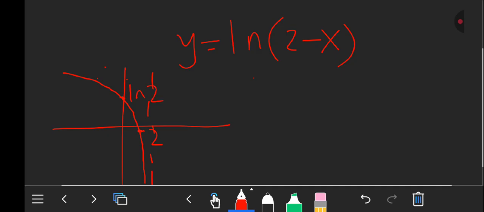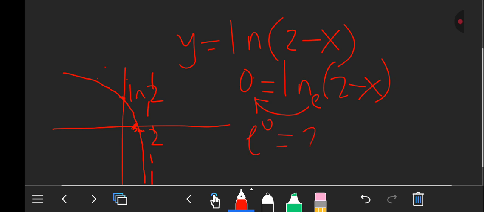Where it crosses the x-axis, you just equate y to 0, so 0 is equal to the natural log of 2 minus x. So it has base e there, so e to the power 0 is equal to 2 minus x. Any number raised to the power 0 is 1, so 1 minus 2 is equal to negative x.